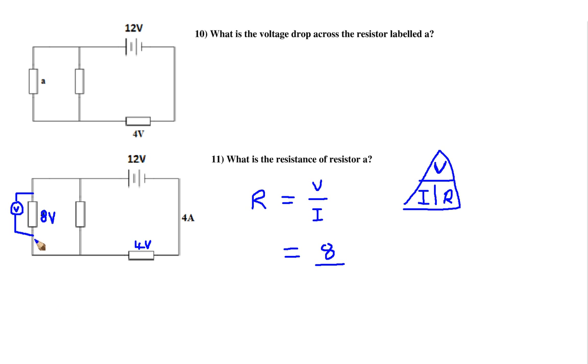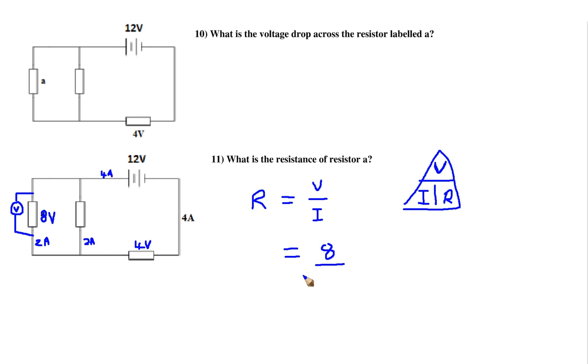So we've just got to remember that the current is split between the 2 branches. So if I've got 4 amps here, I would have 2 amps in this branch and 2 amps in this branch. And after the resistors, they join back together. Remember, the electrons are not used up, so we'd actually have 4 amps coming back around this way.